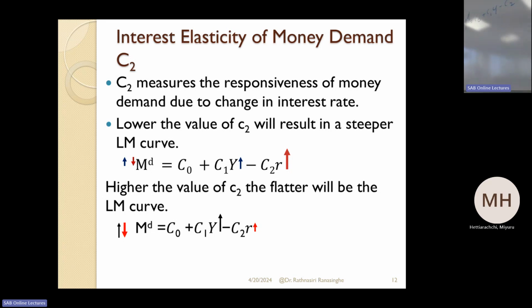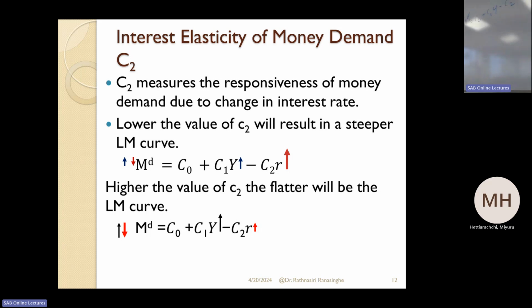Let's look at the relationship: a higher percentage change in interest rate, but a lower percentage change in income. That will result in a steeper LM. That is the steeper LM.